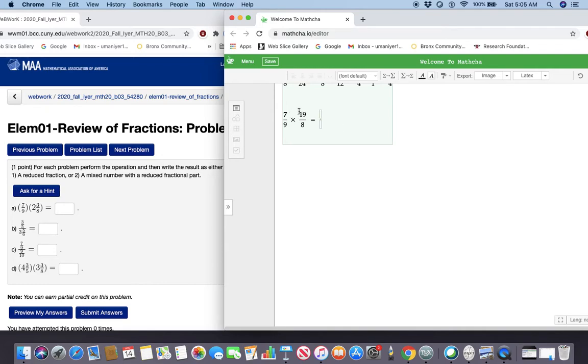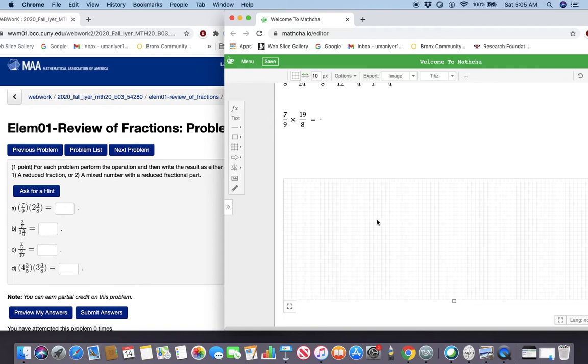So 7 times 19, you will have to multiply by hand. Let's multiply this by hand. 7 times 19, I'll write 19 first and then 7.